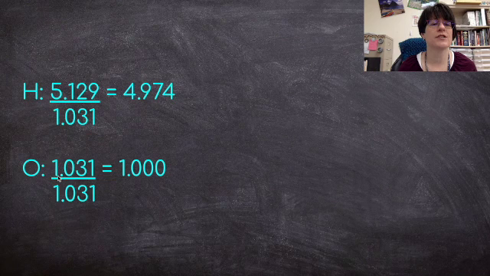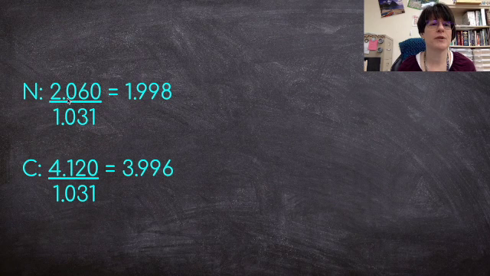Oxygen divided by the oxygen, the 1.031 divided by 1.031 is 1. Nitrogen, 2.060 divided by 1.031 is 1.998, which is really close to 2. And for carbon, 4.120 divided by 1.031 is 3.996, which is really close to 4.